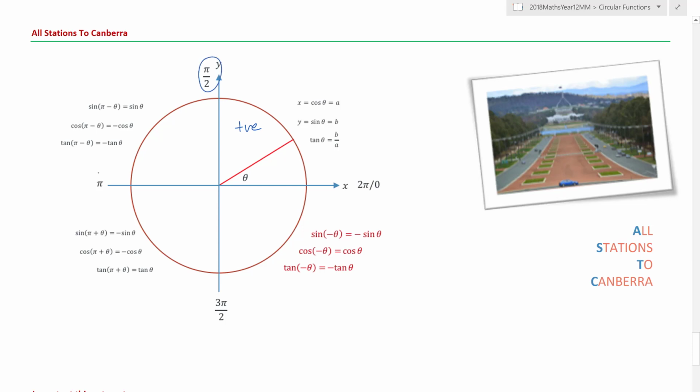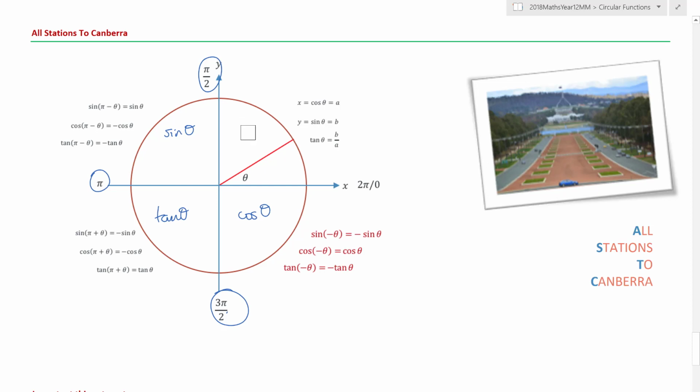Between pi on 2 and pi, or between 90 and 180 degrees, the only positive one is sine. In this quadrant, between pi and 3 pi on 2, tan is positive. And in this one here, cosine is positive.